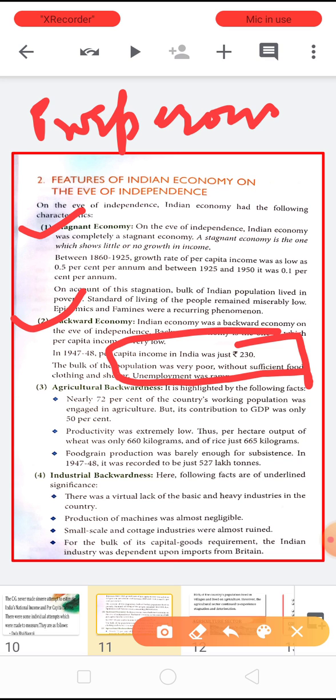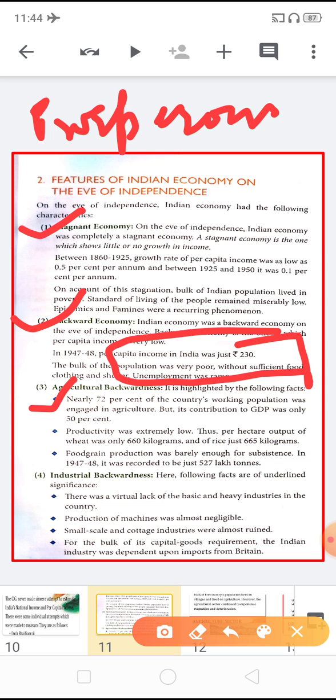Next is agricultural backwardness. Children, agricultural backwardness is one more feature of the Indian economy. You must know that nearly 72% of the country's working population was engaged in agriculture, but its contribution to the GDP was only 50%.